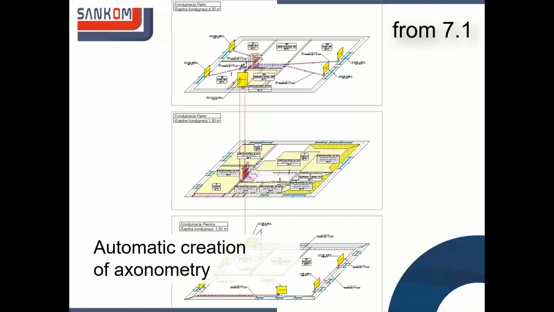That makes it possible to create even more complete documentation of the design. We suggest by default such a solution that the separate stories are separated from each other, so the elements of different stories don't overlap, but it's only an option.